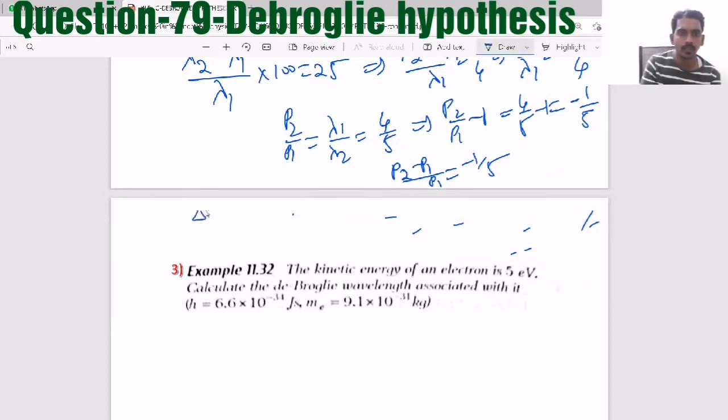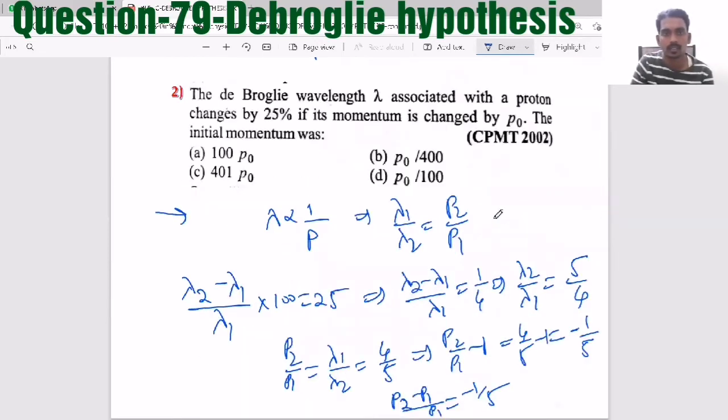Now delta P by P initial equal to minus 1 by 5. Delta P is P naught, so P naught by P initial equal to 1 by 5 in magnitude. So P initial will become 5 P naught.